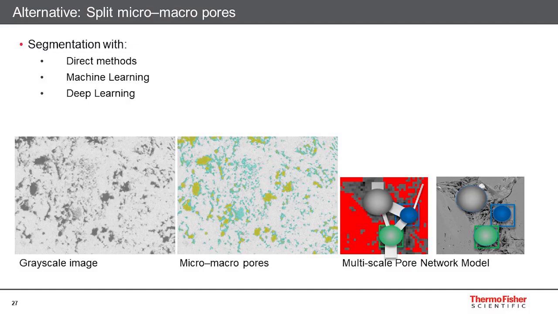Then, a multiscale pore network model is generated, and the simulations are conducted separately at every scale before being merged back with an upscaling process. This work is being conducted by our experts, and we will soon be communicating more about this topic. Note that segmentation by machine learning and deep learning is already available in PerGeos software.